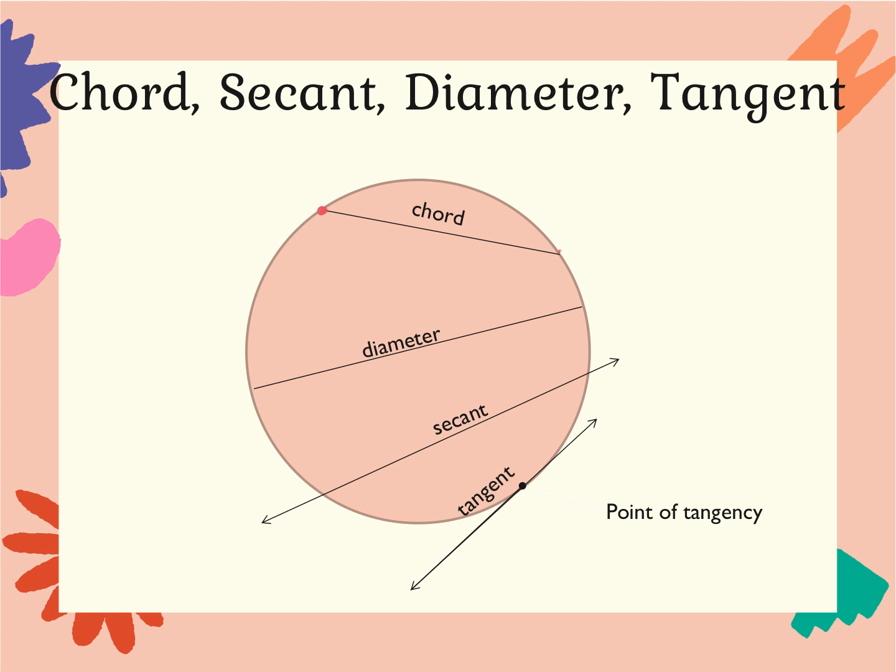It stops right here. Diameter goes all the way through the center from one side to the other. And just so you remember, half of this is your radius. You have your secant line that goes straight through, and then your tangent line that only touches the circle at one point, where that one point is called your point of tangency.